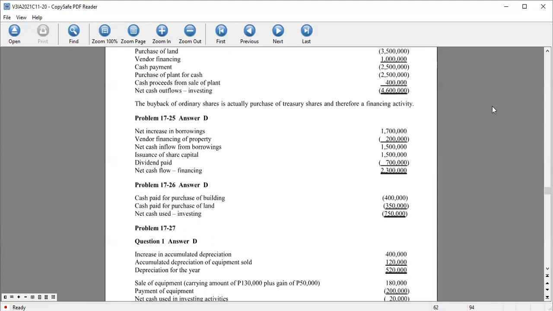Then vendor financing of property of 200,000 negative, net cash inflow 1.5 million. Issuance of share capital, dividends paid, and so we have the net cash flow from financing activities. So number 25 is letter D.